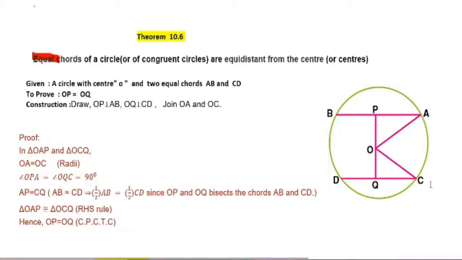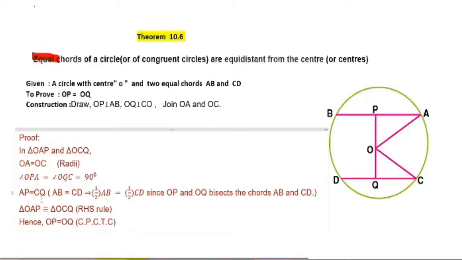OA and OC are radii of the circle, and angle OPA equal to angle OQC equal to 90 degrees. These two are 90 degrees because we constructed OP and OQ as perpendiculars to AB and CD. So the angle is 90 degrees.